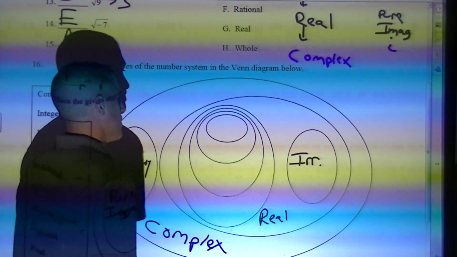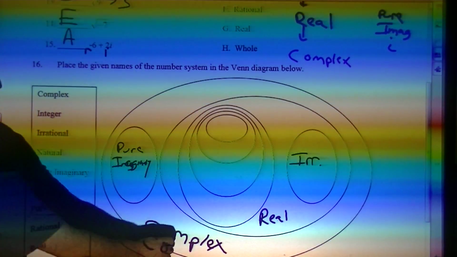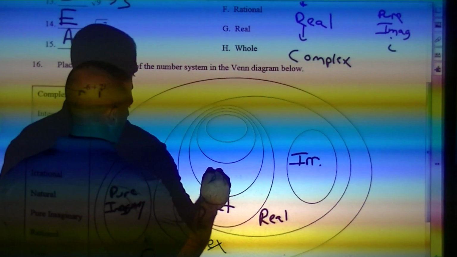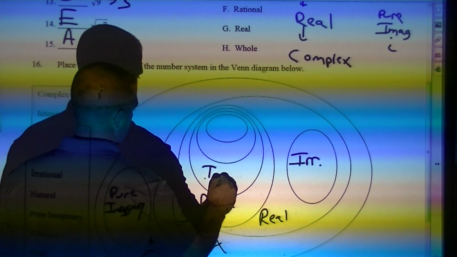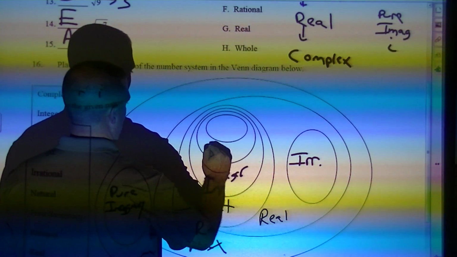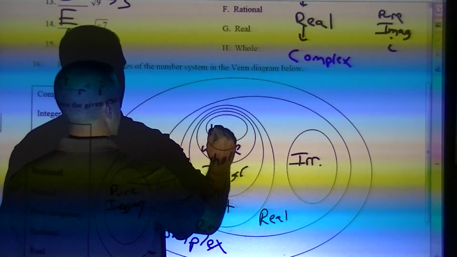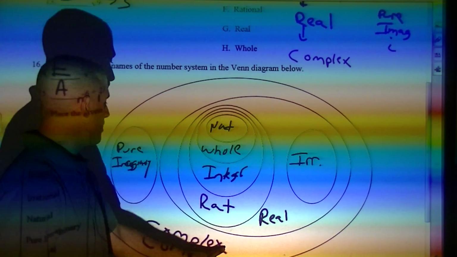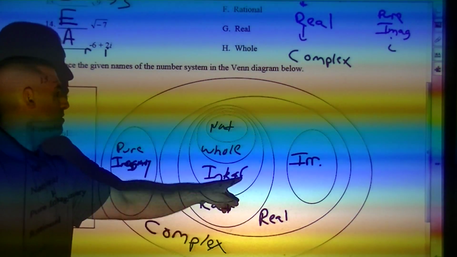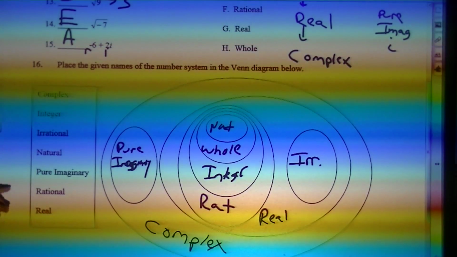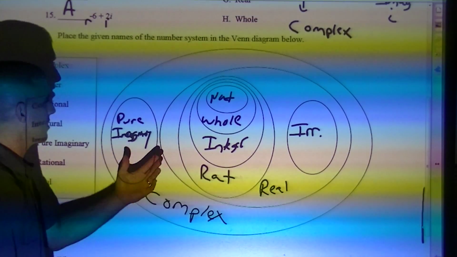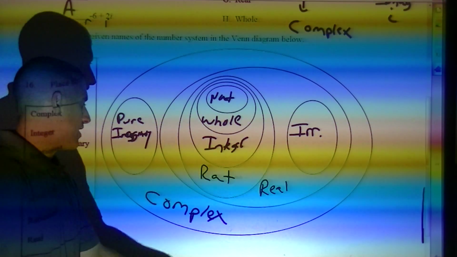The irrational numbers are going to go there. Then we've got rational. Integer. Whole. And natural numbers. So use this chart, you work back up. That's how you use that chart to help you fill that in. So just take a look at that.